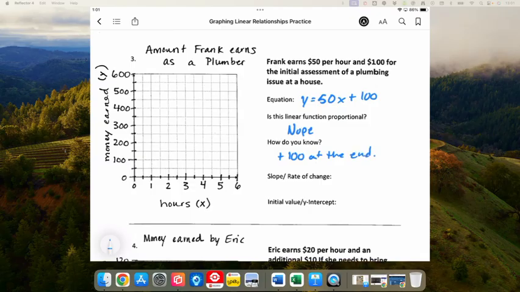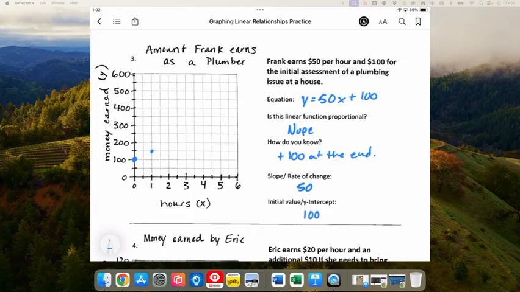The slope or rate of change here is going to be 50 because for every hour that Frank works, he makes 50 bucks. And then the initial value or the y-intercept is where we start. In the case of Frank here, he's going to start at $100 for doing nothing. And so 0 goes with 100 here. Notice that this is not proportional because it is not going to pass through 0, 0. And then for every hour, he's going to make 50 bucks.